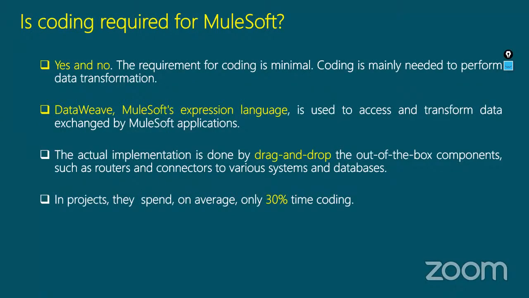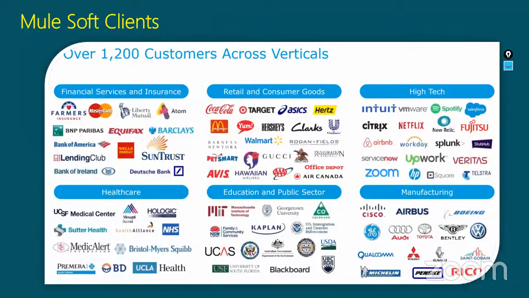Regarding this, if you have any doubts, you can ask me. Maybe some of the members ask: is it good to choose MuleSoft as a career? To answer that question, you can take any major companies. These are the clients of MuleSoft. For example, take McDonald's. McDonald's always maintains a server to take orders. They definitely use web services, which means we need to create APIs. You can take any major technology.